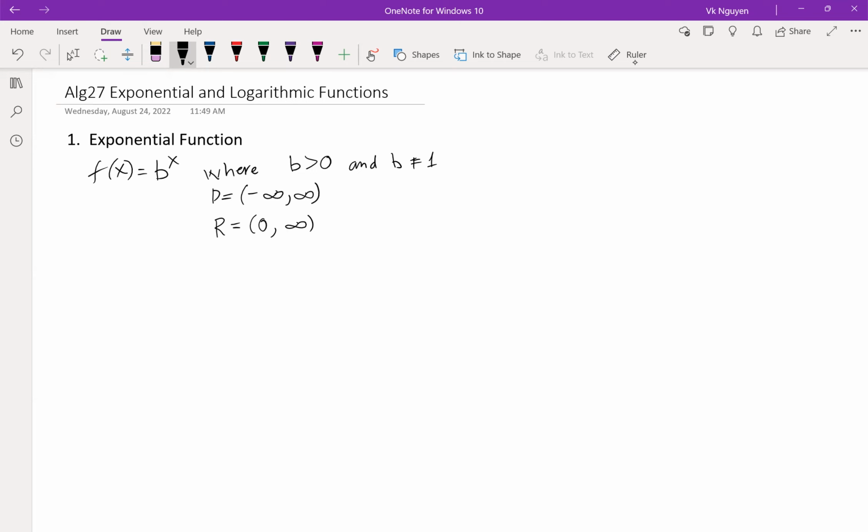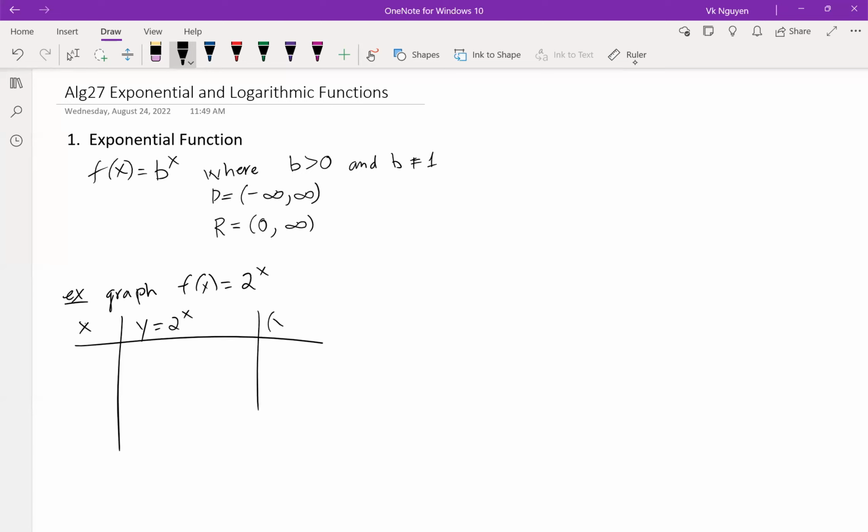Let's take a look at a graph. For example, graph f(x) equals 2 to the x, y is equal to 2 to the x, right?